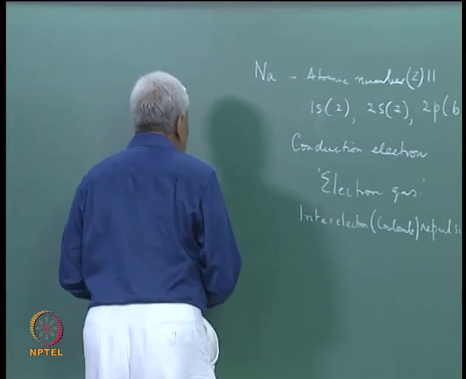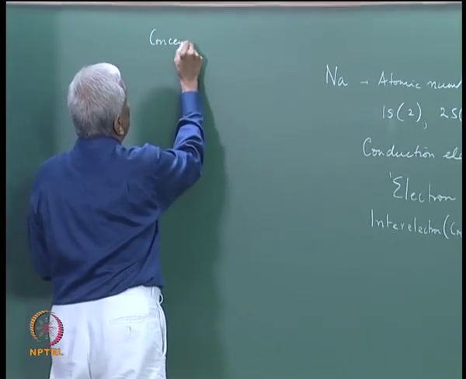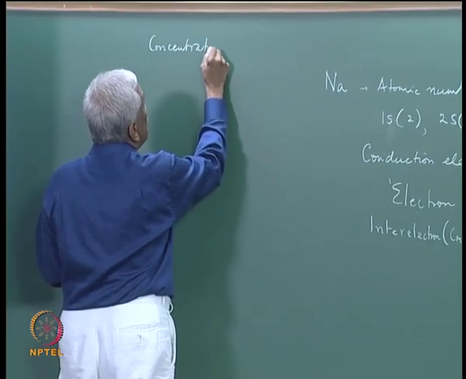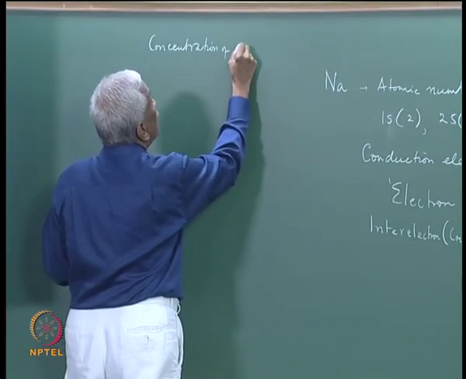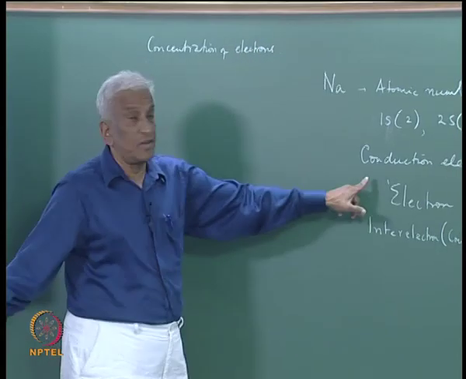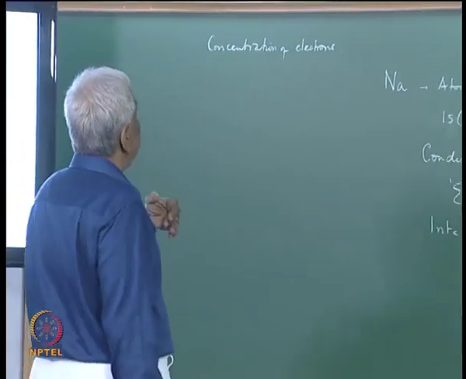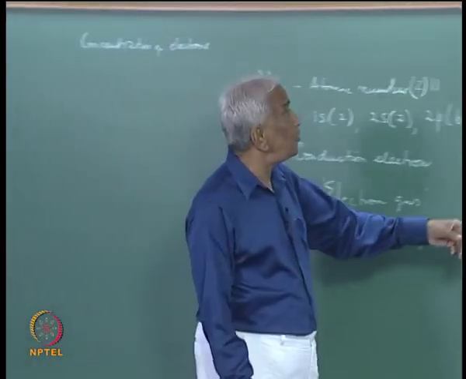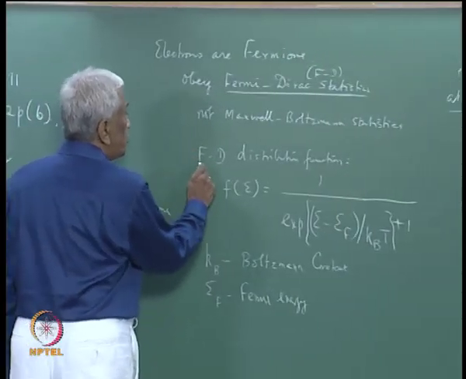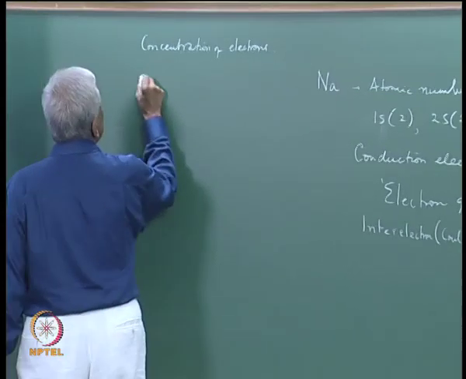So, next we wish to calculate the concentration of electrons, which is the number of electrons per unit volume. When I say electrons, I only mean the conduction electrons. In order to find this, in addition to the distribution function, we have to consider what is known as the density of states.